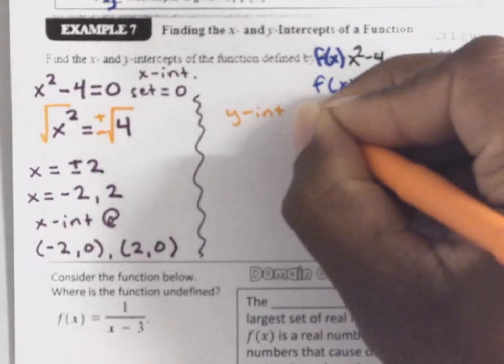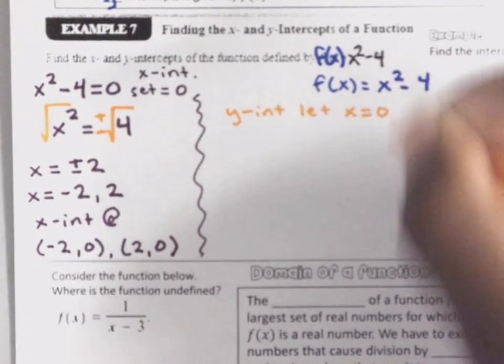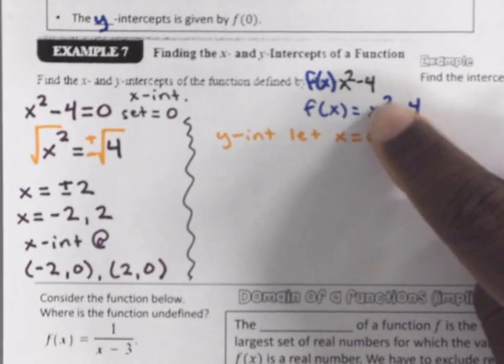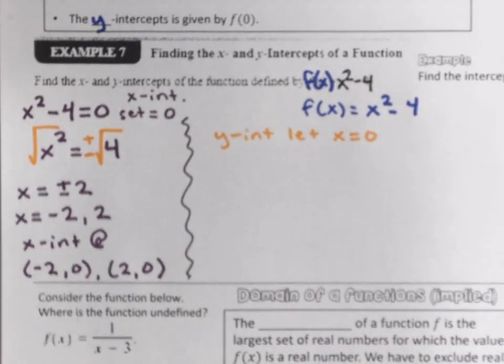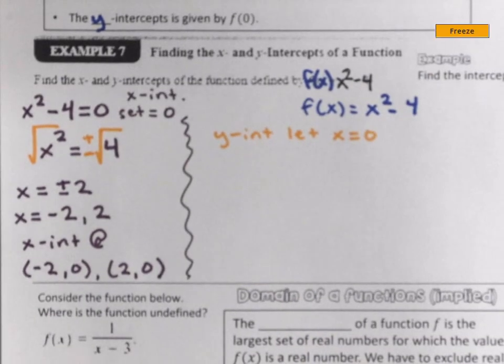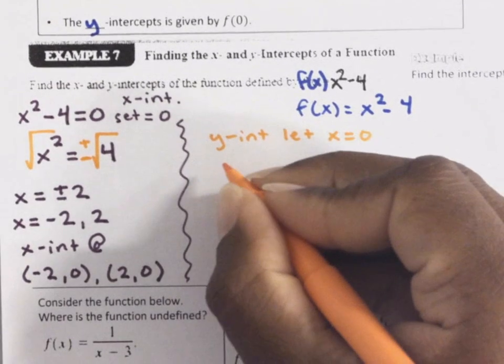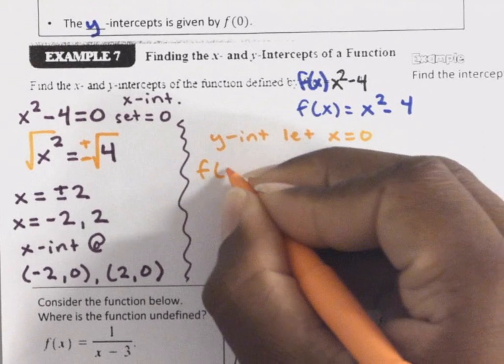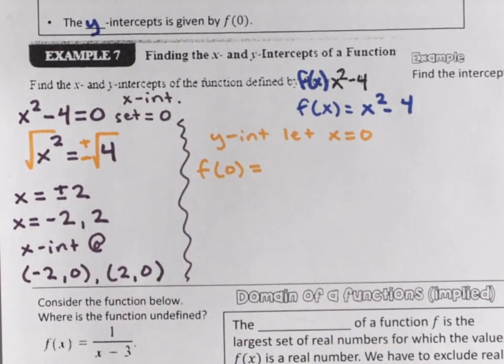For the y-intercept, we're going to let x equal 0. So really, you can just put 0 in place of the x's you see, or you can do it like we've been doing when evaluating a function. So I'll write it just so we understand the lingo. We're going to evaluate this function for f of 0. So we're going to let x equal 0.